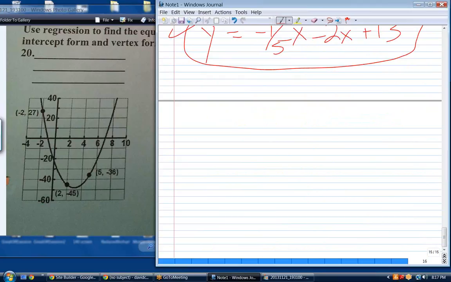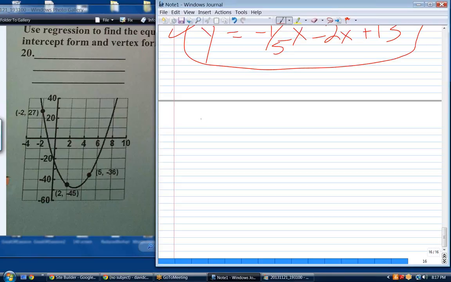We have 3 points. We don't have the vertex. We don't have the x-intercepts. I mean, it looks like the x-intercepts are 7 and minus 1, but that's not the way they want us to do it. So we have to find them in all 3 forms.